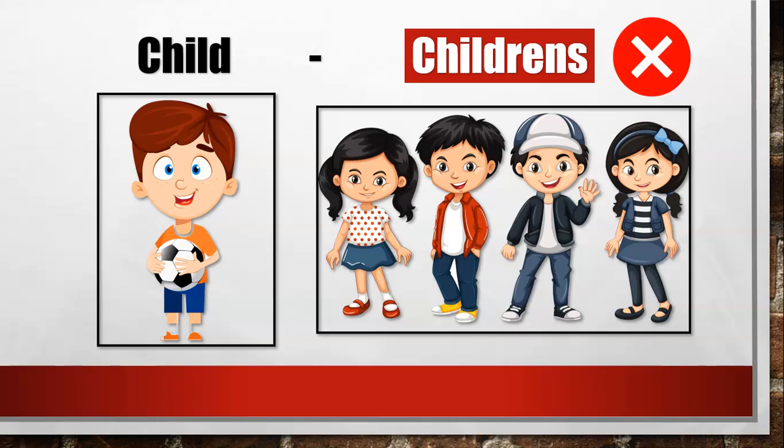So again, child is an irregular noun, and that is why it has a different form when it converts itself to the plural. So the correct plural form is children. We don't say children's, it is children.